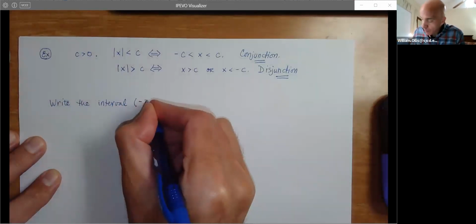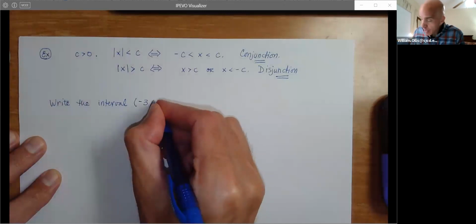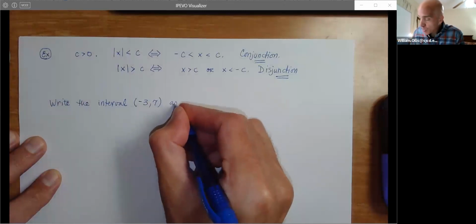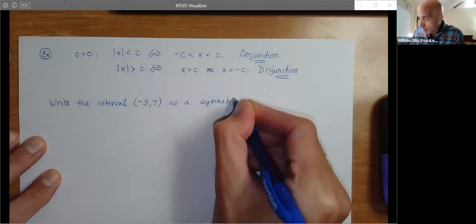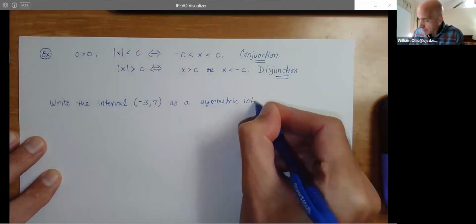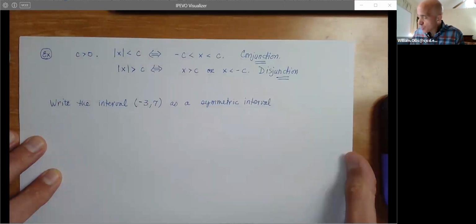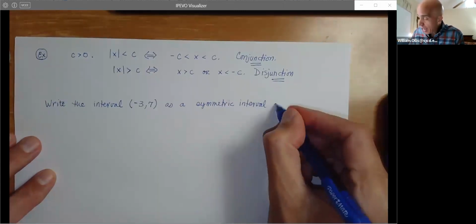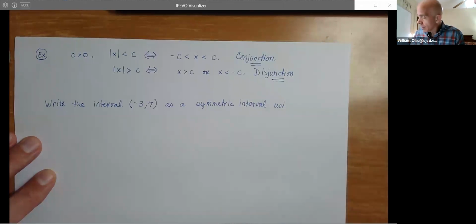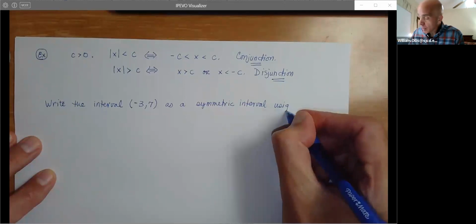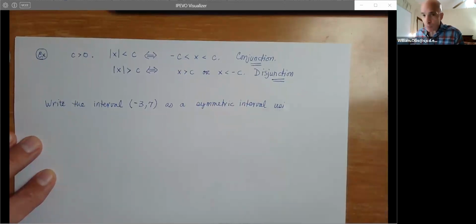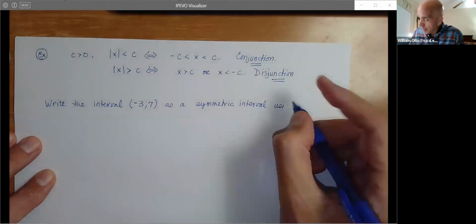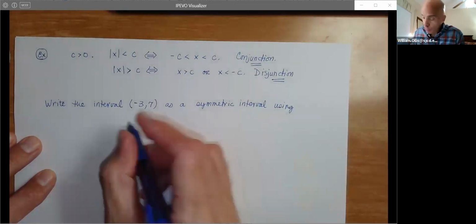You have these in your WebAssign. -3 to 7 as a symmetric interval using absolute value. Get this mouse out of the way. Using, oh, sorry. I think we need, for our English professors, we need an N. Using absolute value.